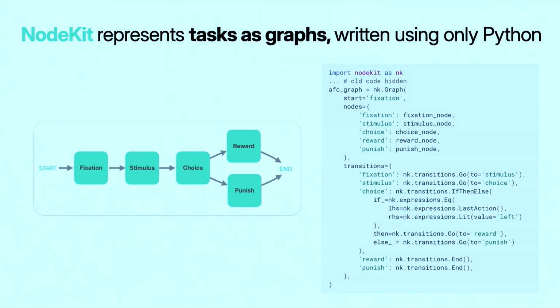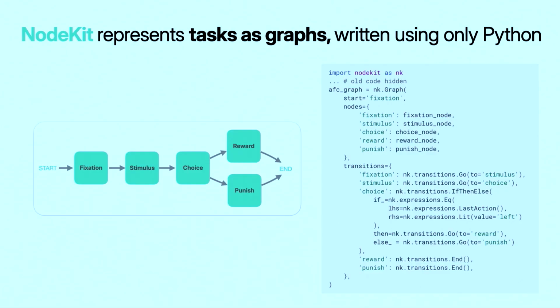And the main idea behind NodeKit is that you can represent tasks as graphs, as I have been throughout the talk so far in the figures I've been showing you. With traditional ways of implementing tasks into web apps, the logical structure of the task is obscured and spread out across many files and lines of code, and even other libraries, because we mix the specification of the task with its implementation.